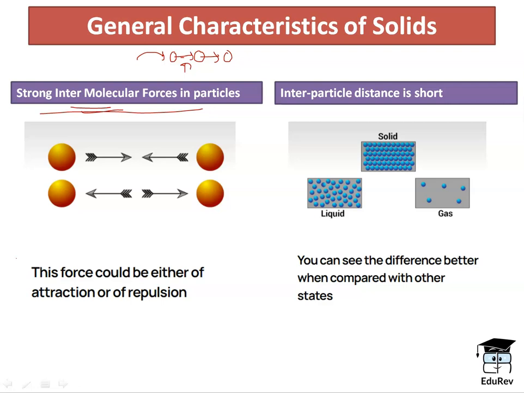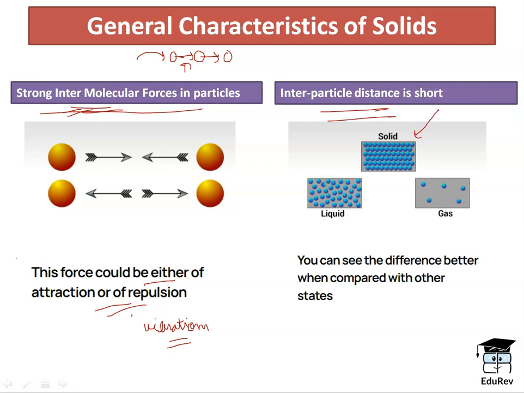Now all the particles of solid have these intermolecular forces. These forces could either be of attraction or repulsion, and the vibration which is taking place, the oscillation which is taking place in these particles with respect to the mean position, is only because of this force of attraction or repulsion. Another characteristic of solid was that interparticular distance is short.